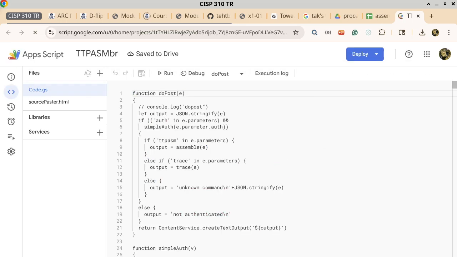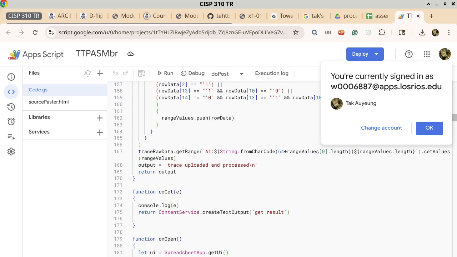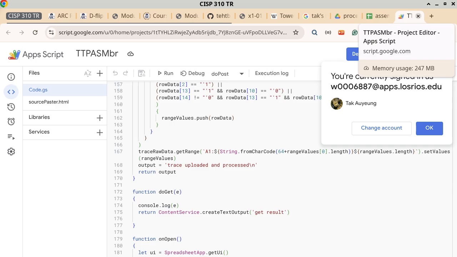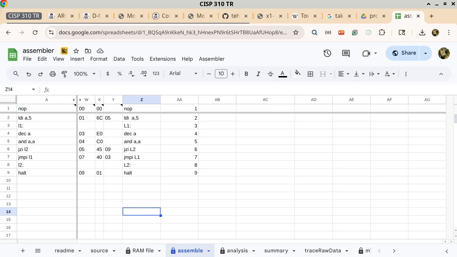I wrote portions of it in JavaScript. It also has network connectivity. In other words, you can submit a program to be assembled remotely and then get the assembled version, the opcode, back also remotely. So it has web connectivity too, which makes it a little different compared to any other assembler. It's really powerful. It allows you to do a lot of things, and yet you don't have to learn a new programming language because it really is just JavaScript.